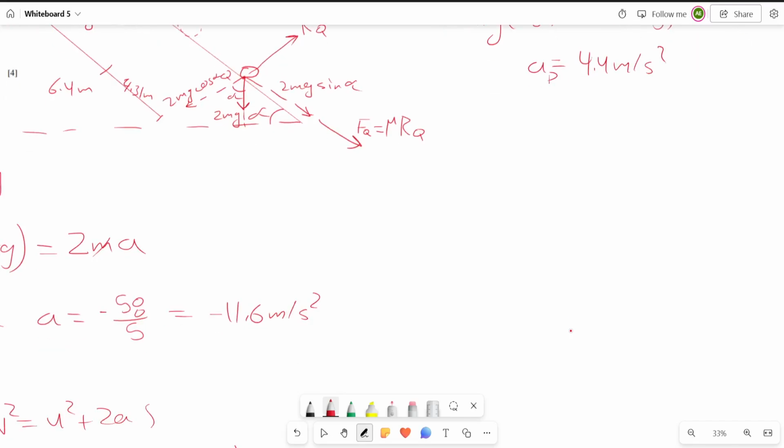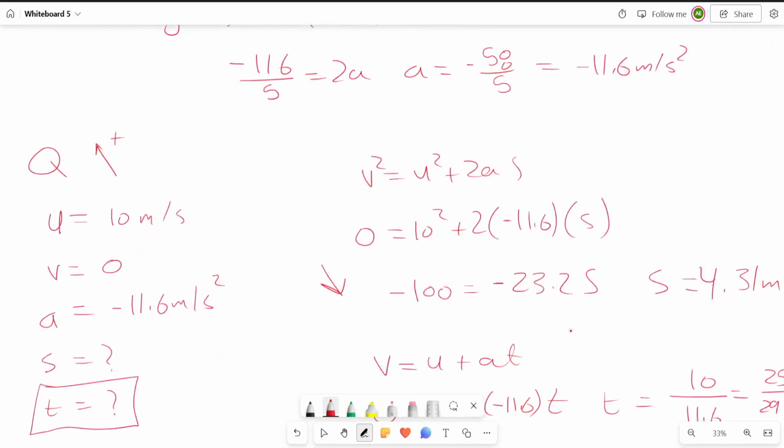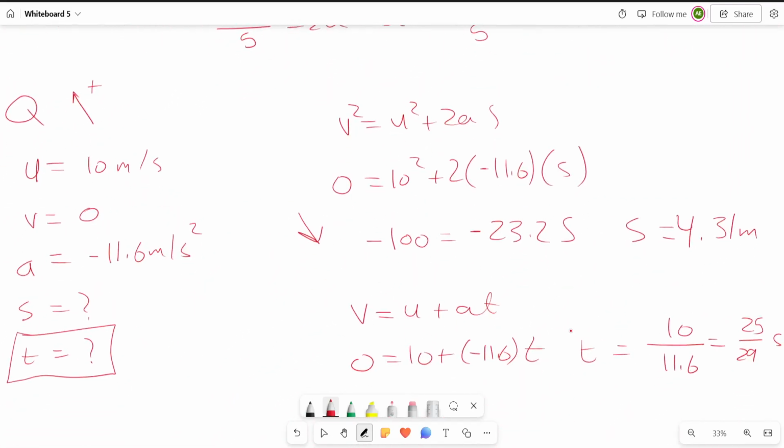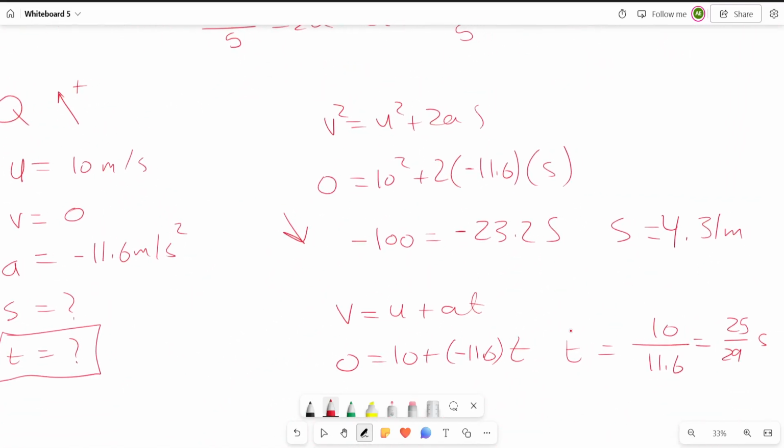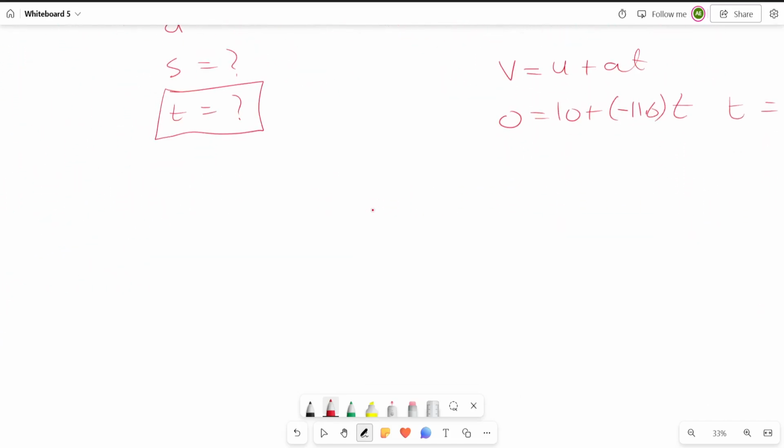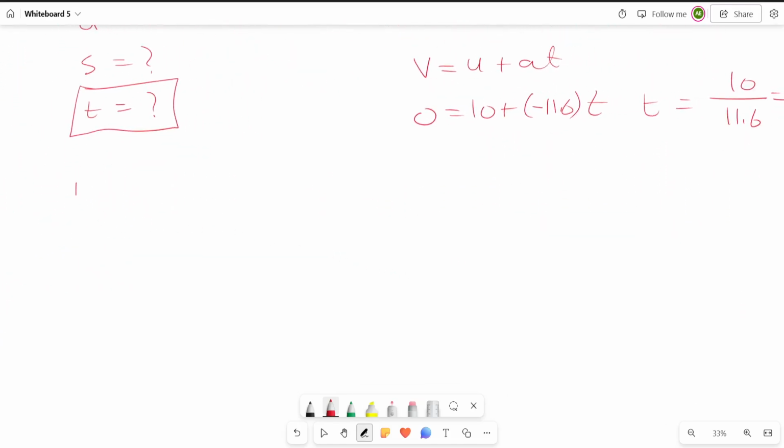So let's do the kinematics for P and see where P is after 25 over 29 seconds. For P, I know that U was 0 because it was initially at rest.